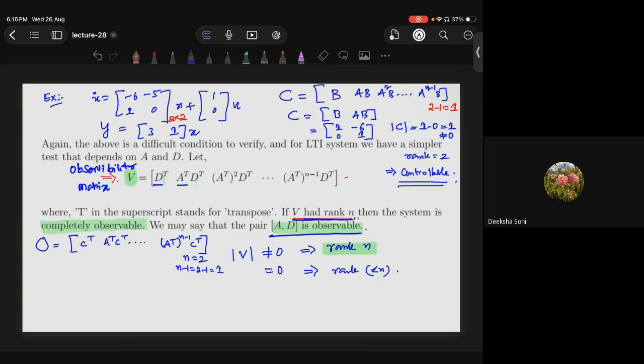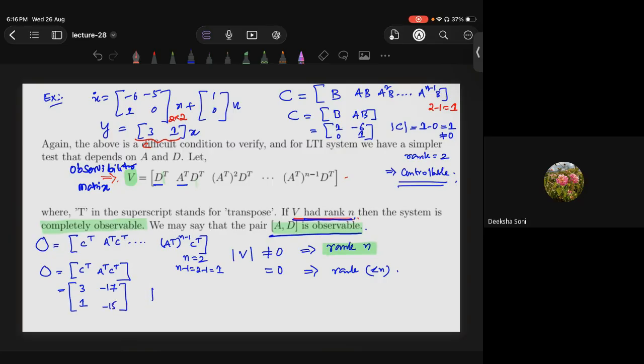In this case the observability matrix is C transpose, A transpose C transpose. Am I correct? If you do that calculation, C transpose, from your C matrix, is 3 comma 1. And if you find the A transpose C transpose product, you will get this one.